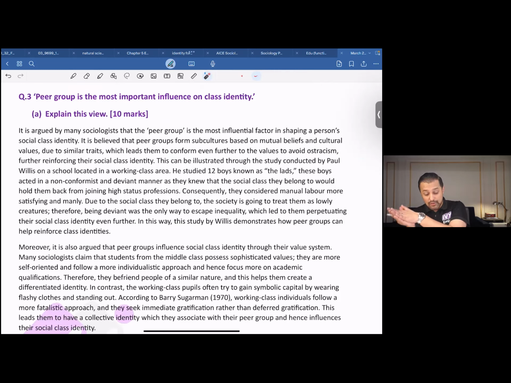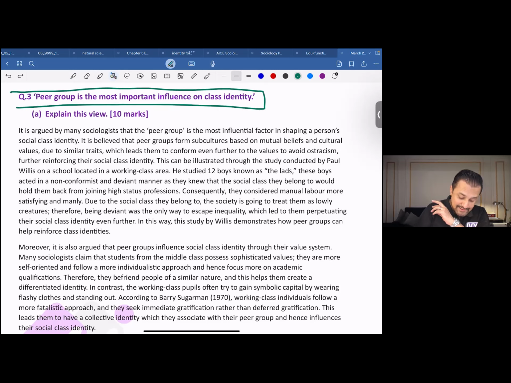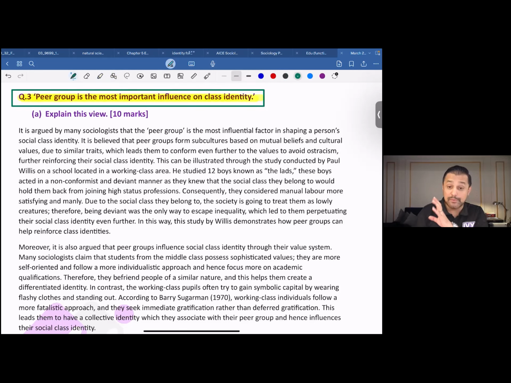Question number 3 now. For question number 3, what happens is it has a statement, right? Do you see the statement? Peer group is the most important influence on class identity. This is a statement, right? After this statement, you get 2 questions.